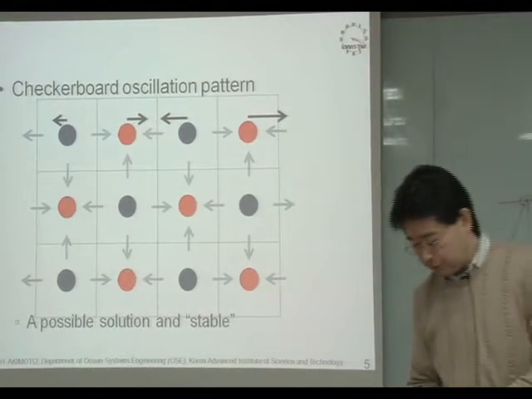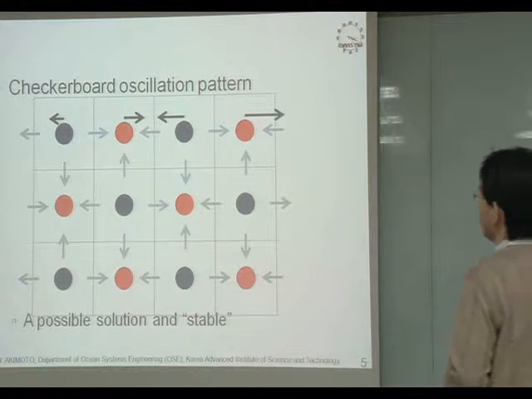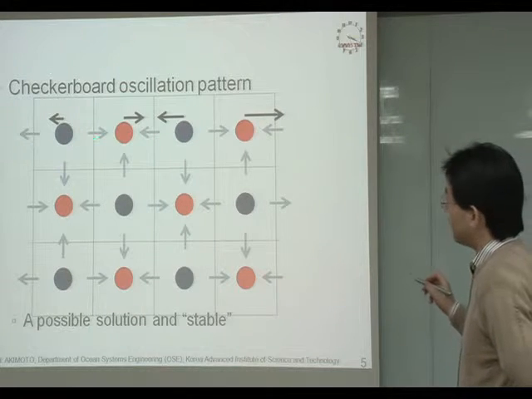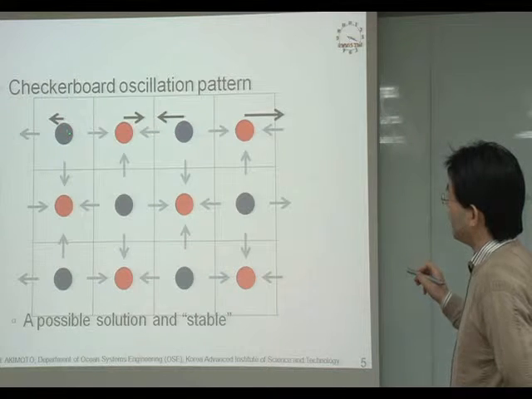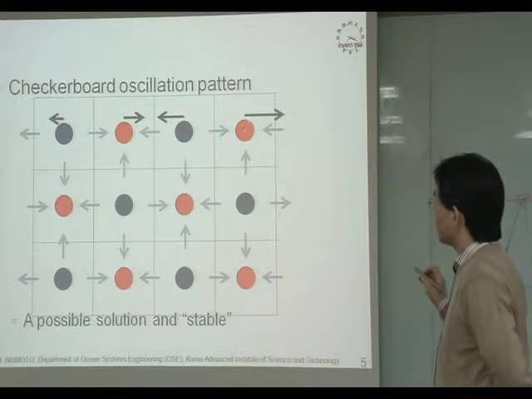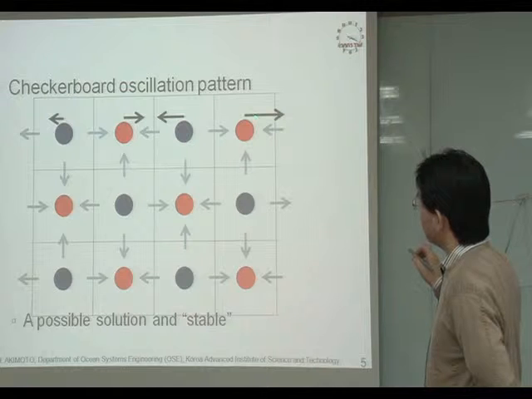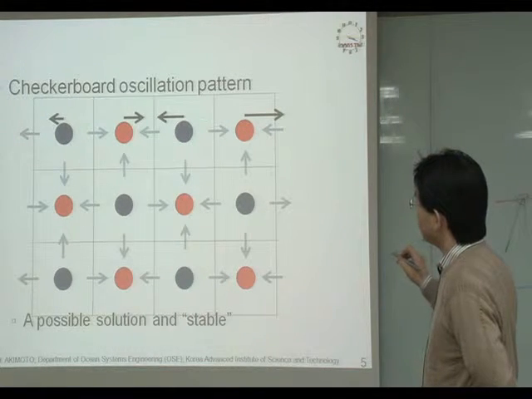And if you see the velocity values of this type of pattern, it will be like this. I draw an example of velocity distribution. This is high velocity defined on this point.